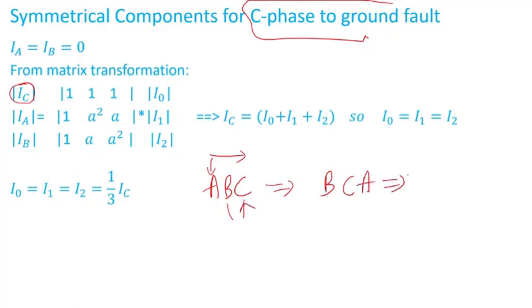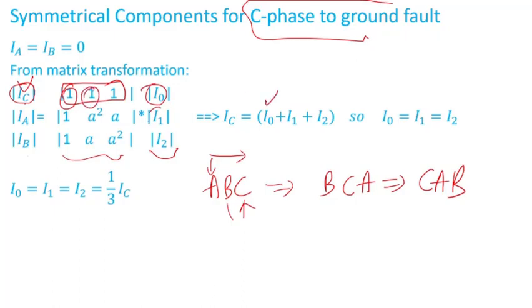If I start with C, it's going to be C, A, B. So I'm keeping the same order. This no change, this no change. Again, if I take the first row, IC is equal to 1 times I0 plus 1 times I1 plus 1 times I2. In other words, I0 is equal to I1 equal to I2, which is 1/3 of IC.